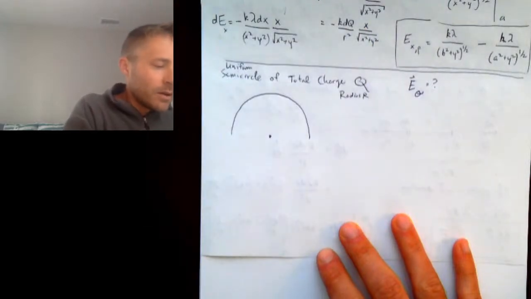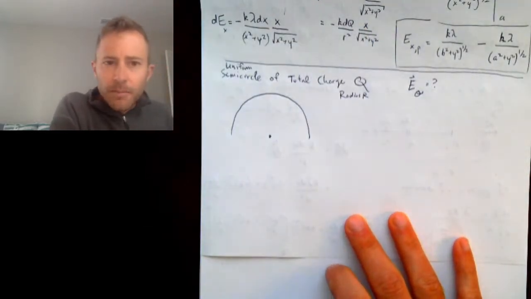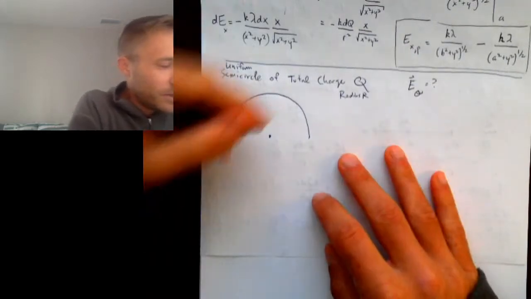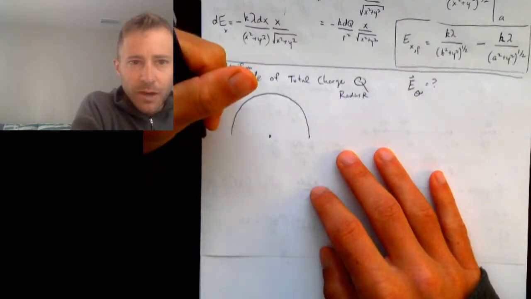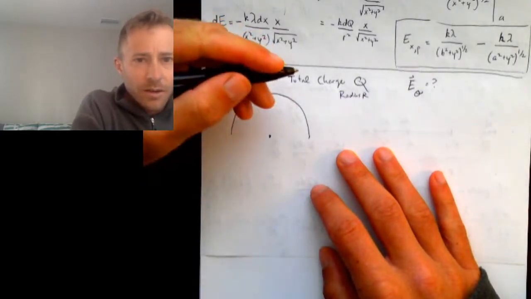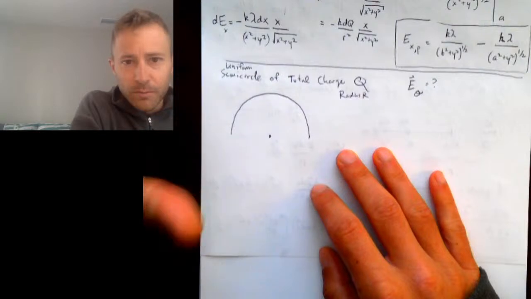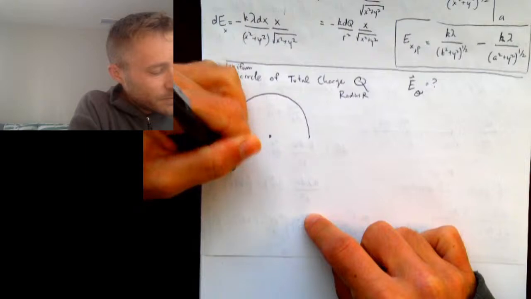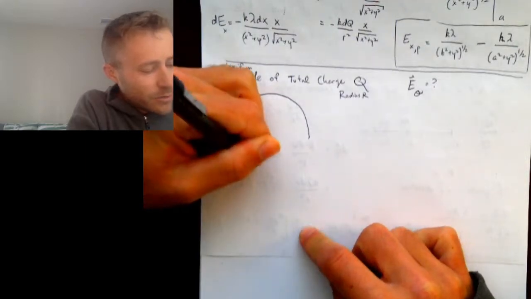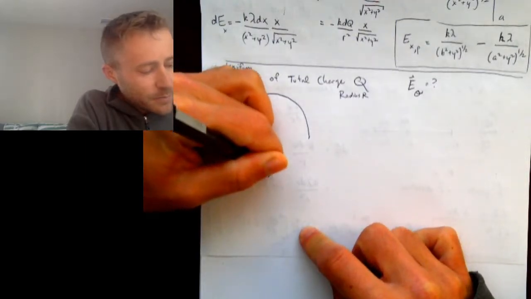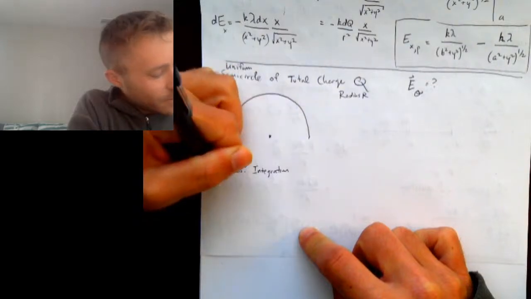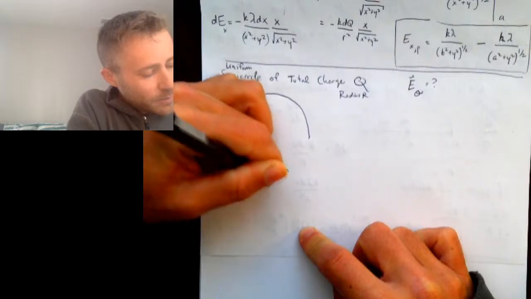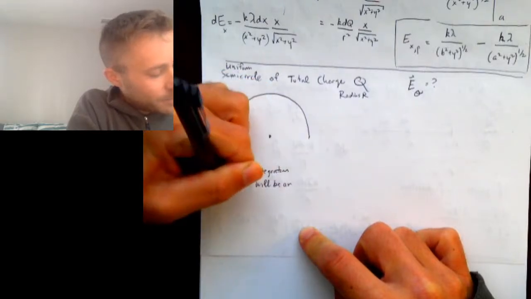The first thing I'm going to notice here is that when you have a circle problem, your integration variable will be an angle.